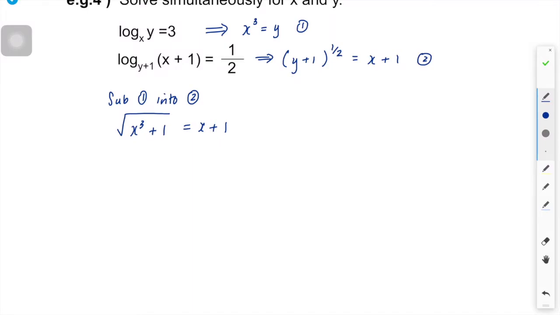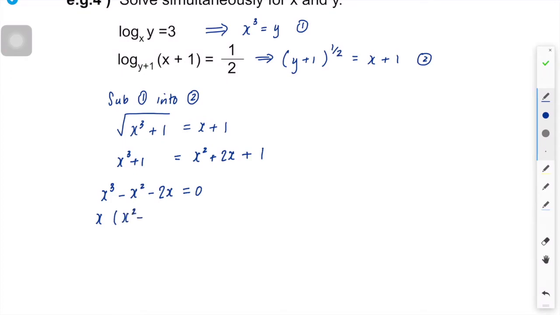It seems that I have to square both sides now. So x cubed plus 1 is x squared plus 2x plus 1. Now we have x cubed as a polynomial equation. Let's bring everything to the left and make the right side equal to 0. So x cubed minus x squared minus 2x plus 1 minus 1 is 0. So we can actually factor out an x.